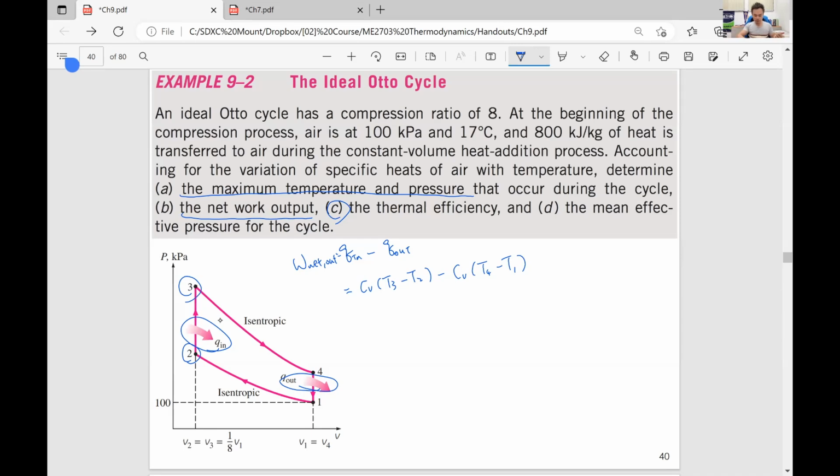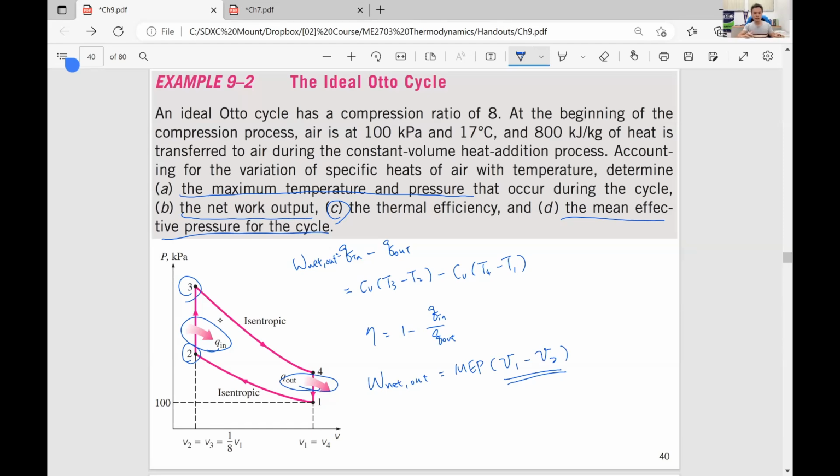Efficiency is 1 minus Q out over Q in. If you know the temperature, you know the efficiency. MEP is defined by net work out equals MEP times (V1 minus V2). If you know the temperature and the pressure, how do you know the specific volume?